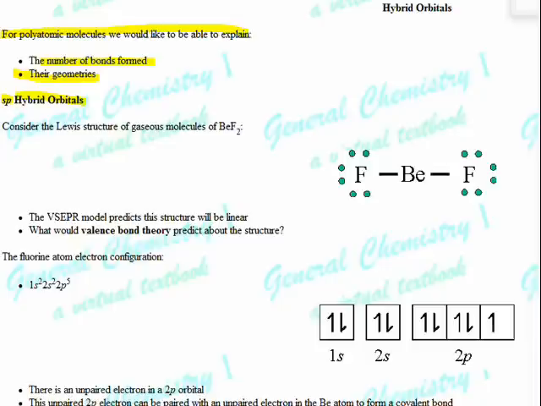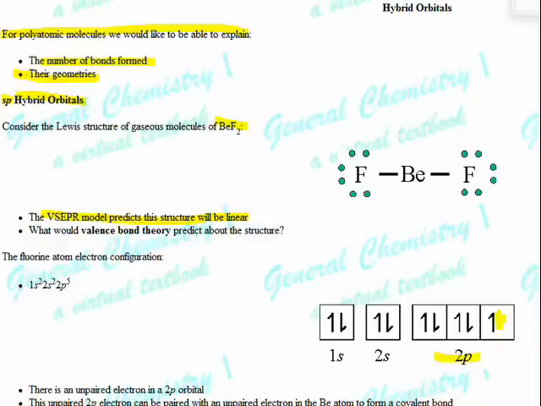So if we consider this dot structure of beryllium fluoride, the VSEPR, which we just talked about, would predict it would be linear. Now what about the structure? Let's look at the fluorine configuration, and we have one unpaired electron here in the 2p orbital.